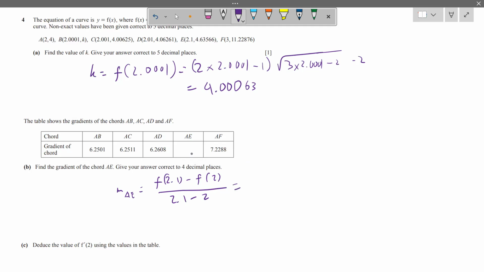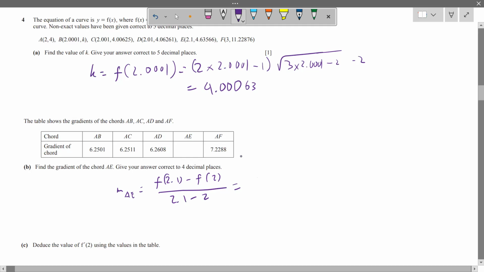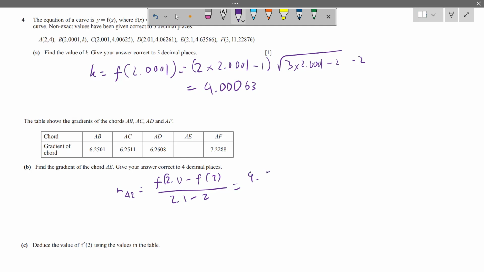So here you just plug in the values given above. So you get 4.63566 minus 4 over 0.1. And if you were to plug this into a calculator again, you get 6.3566.